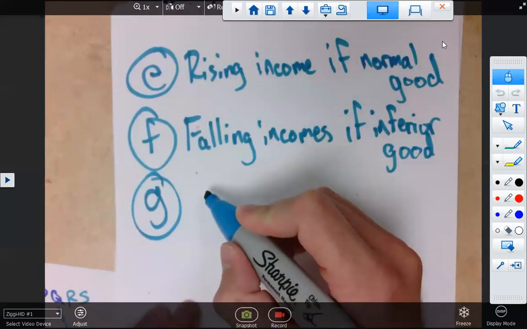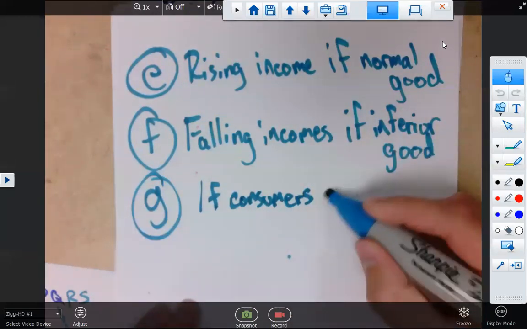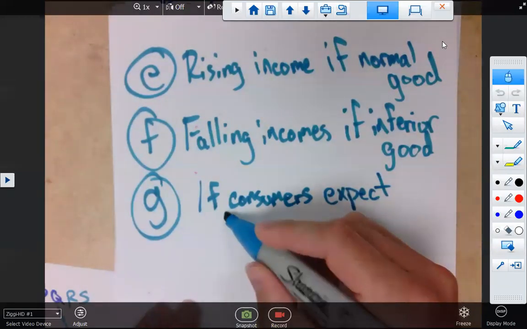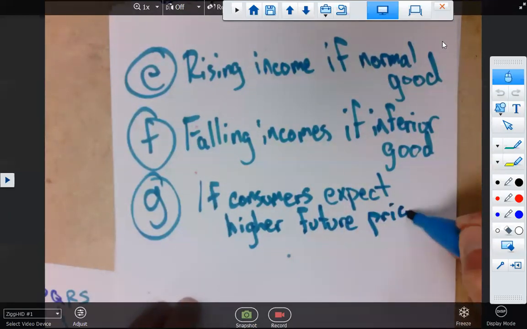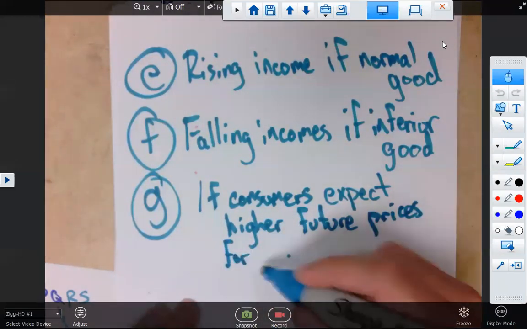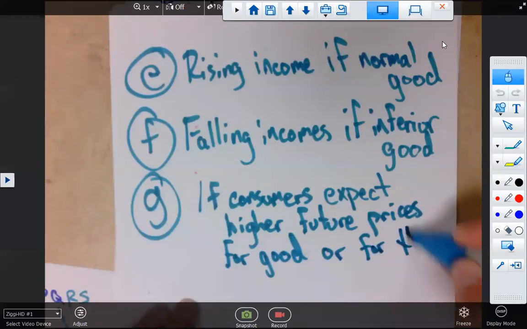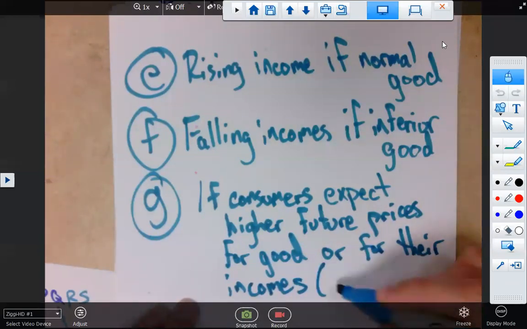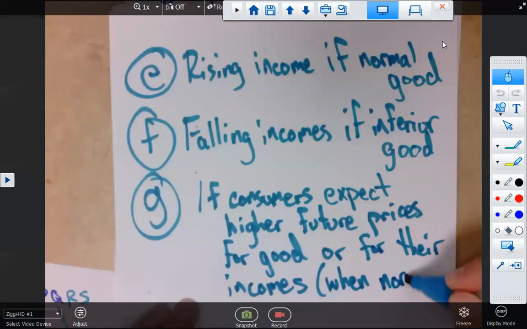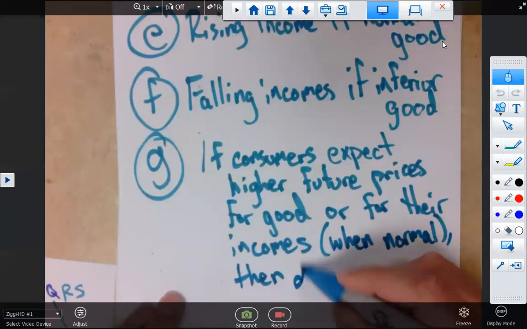So if consumers expect higher future prices for the good of interest or for their incomes, when the good is normal, then demand will increase.